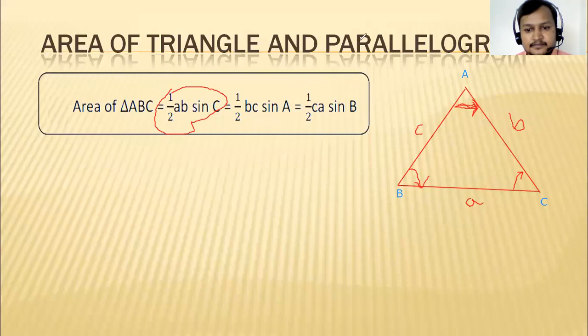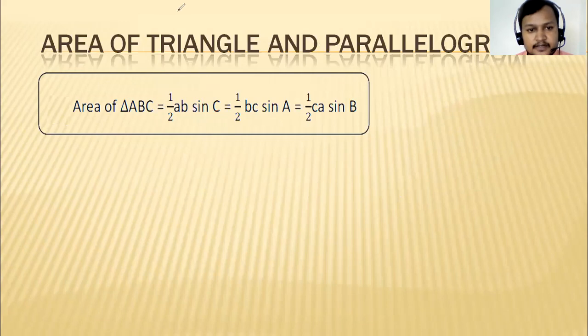Clear or not? Are these formula clear to you? Yes. So out of these three, we have to use any one. यो सबै use गर्ने भने होइन. Just any one you can use.